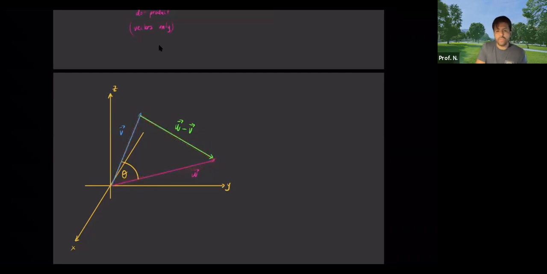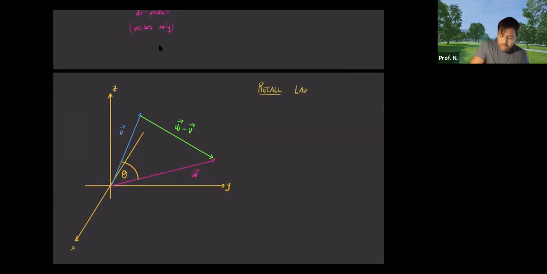a triangle. Now, does anybody remember what is that law in trigonometry that relates the three sides of any triangle with one of the angles? You probably saw this in pre-calc. You guys remember?